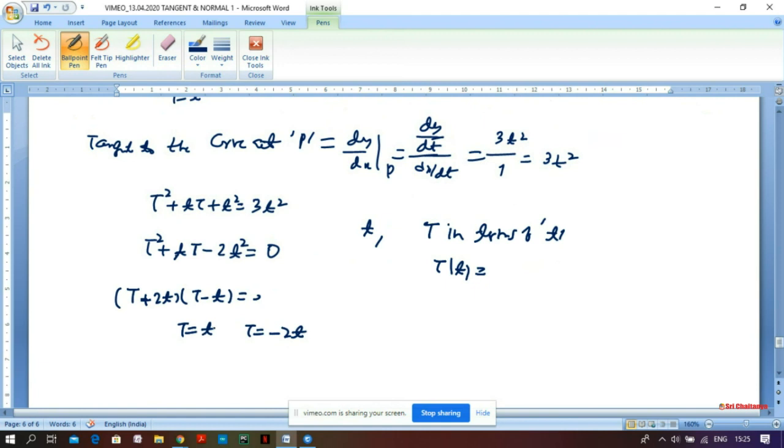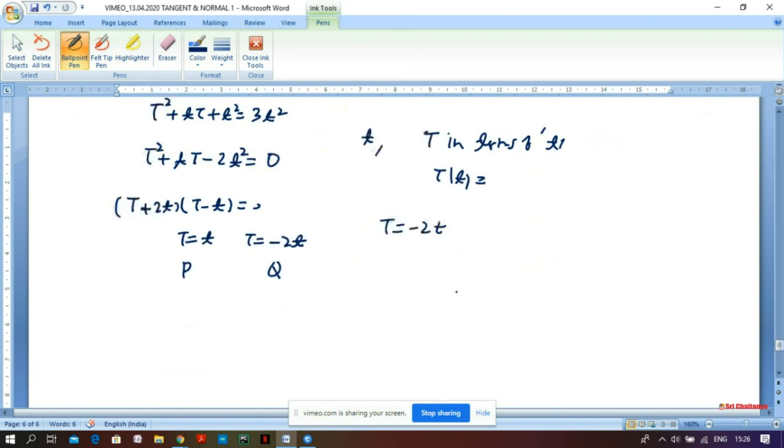T equal to t, of course, corresponds to point P. So this must be Q, so you get T equal to negative 2t. Let's now put what t was. My t for P was 2 initially. So my T corresponding to Q is minus 2 times 2, that is negative 4.